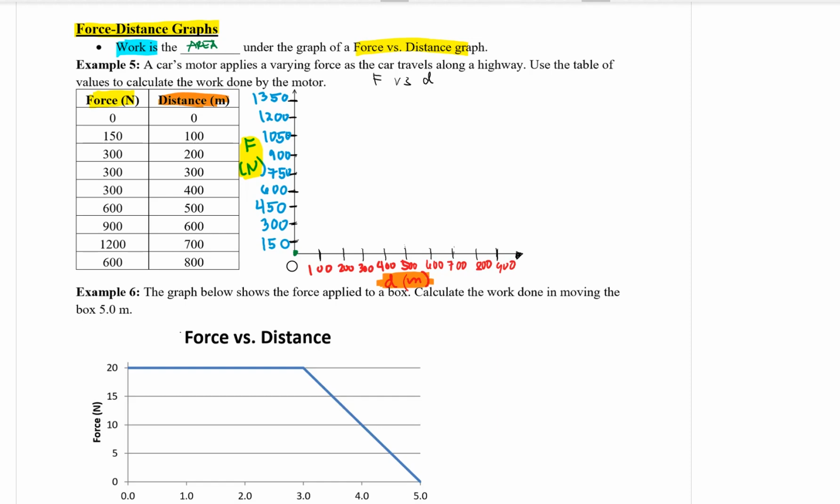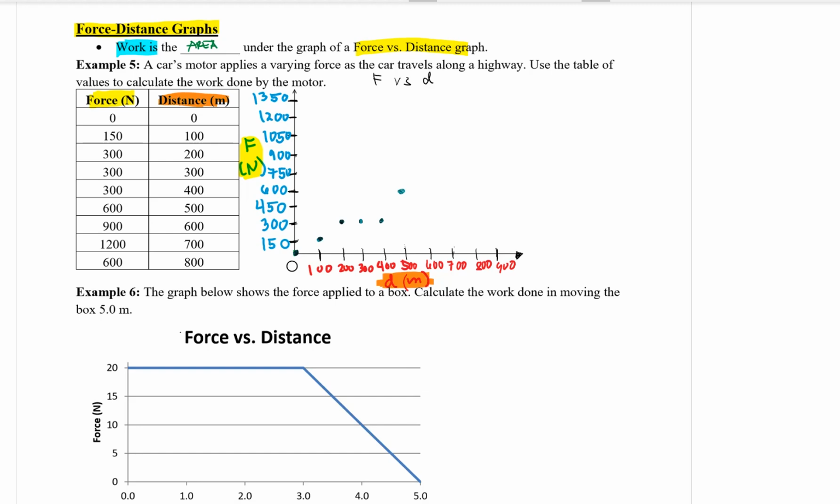Okay, so if I'm gonna plot this one out, I have 0, 0, then 100, 150, and then 200, 300. At 300 meters you have 300 newtons. 400 meters you have 300 newtons. Then at 500 meters you have 600 newtons.